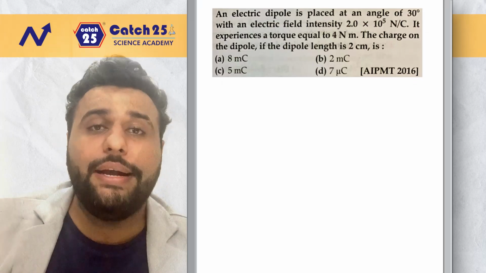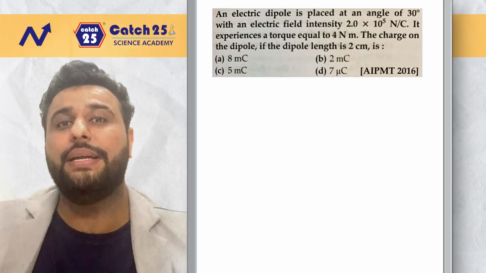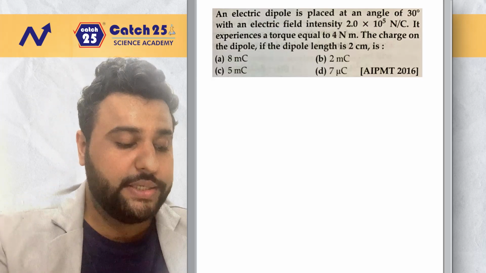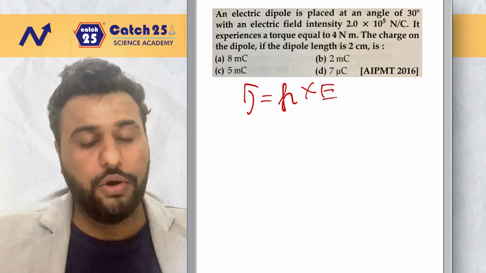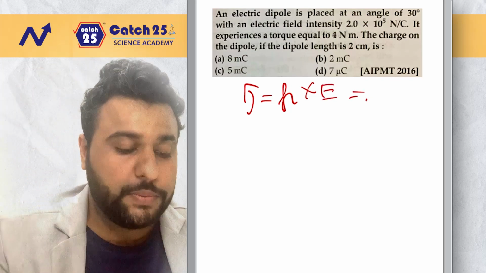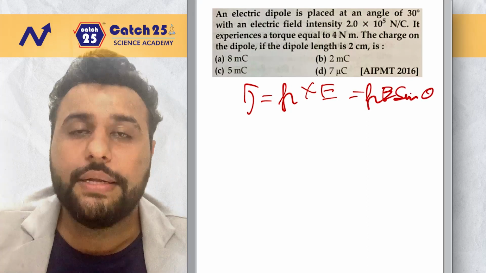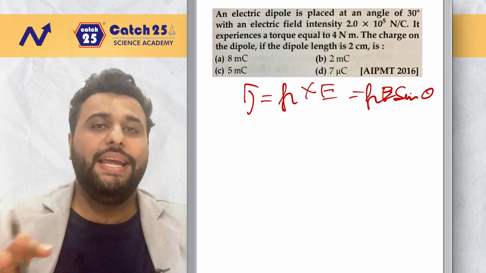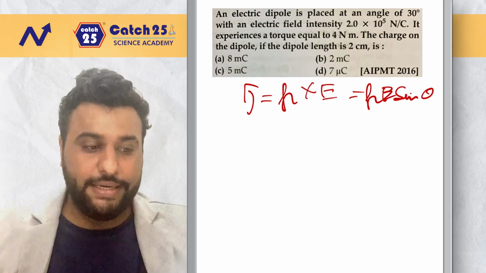But continue, electric field intensity is given, it experiences a torque is given. Therefore, I can first write the formula for torque. And what is the formula for torque? I have written on the screen, which is P cross E. And you know the cross product will be PE sine theta, because cross product is sine theta.